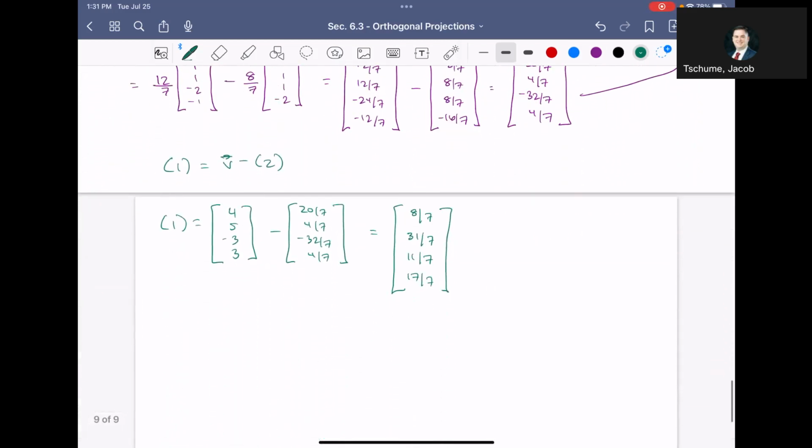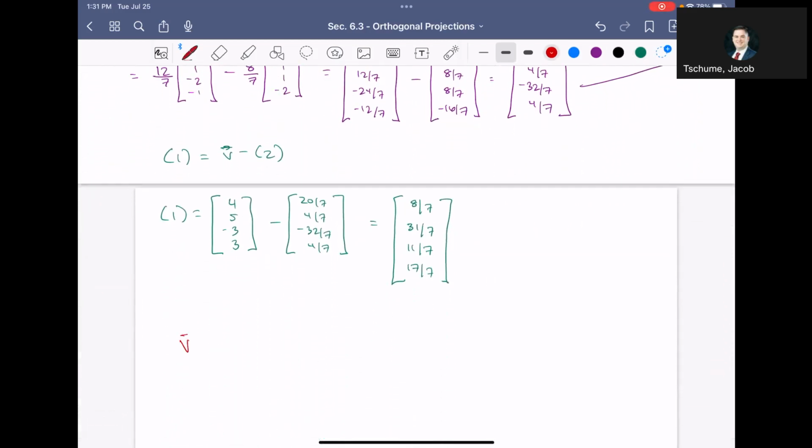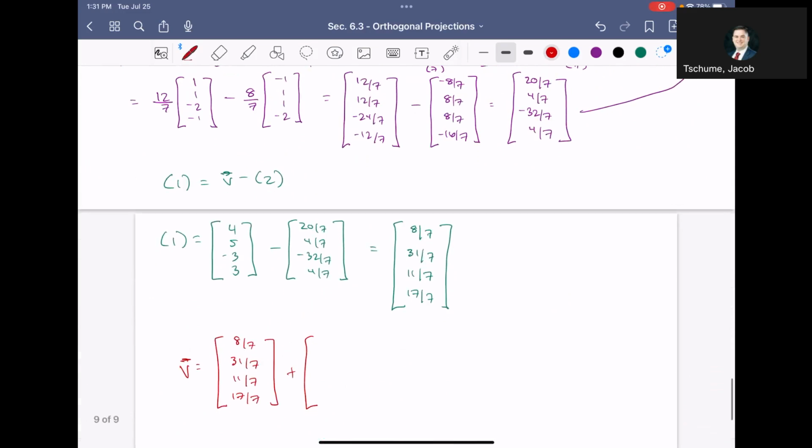So for your homework, what they want you to do is I can now say that my vector V is going to equal the first vector, which we just found to be 8/7, 31/7, 11/7, and 17/7, plus the vector V2 that we found at the top of our screen here, which is 20/7, 4/7, negative 32/7, and 4/7. And if you add those together, this should come back out to be the original vector V.